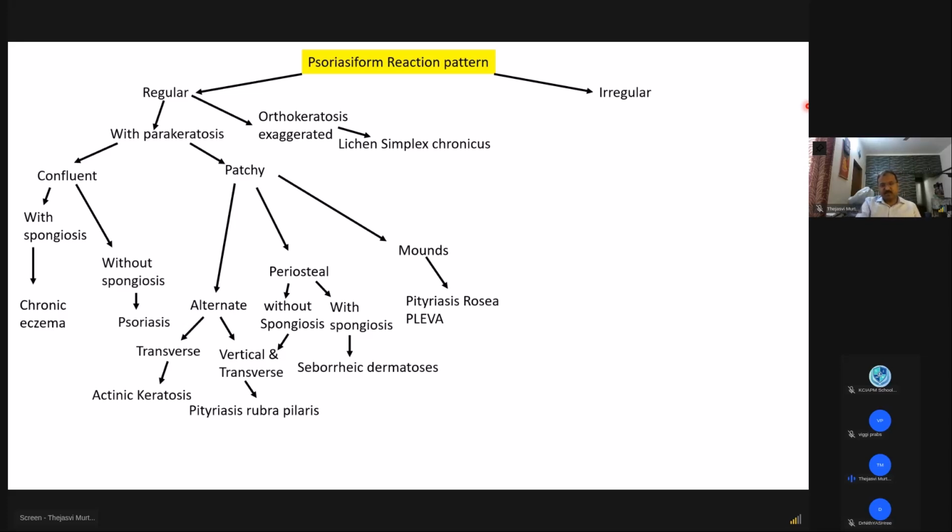Pityriasis lichenoides et varioliformis acquisita is the other entity. Mounds of patchy parakeratosis are a feature of pityriasis rosea. Pityriasis rosea will be dealt with in the spongiotic reaction because spongiosis is more prominent there. Now, the sandwich pattern, where something is entrapped between the corneal layers and parakeratosis, is dermatophytosis, that is fungal infections.